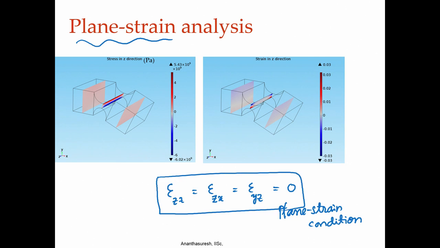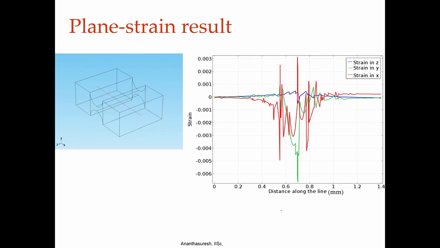Here if you look at the strains in the z direction, that is what is plotted here. Again the blue one is much smaller compared to red and green, because they are the strains in the y and x directions. So, if you analyze this using plane strain analysis and compare with 3D, we see that plane strain 2D analysis would have been just fine.